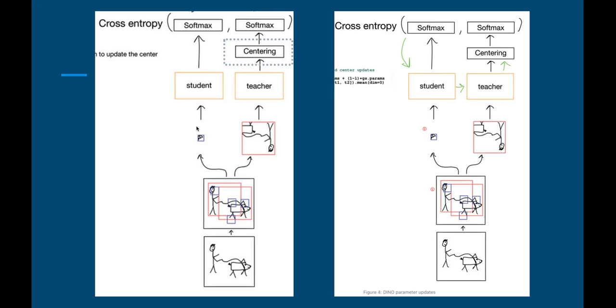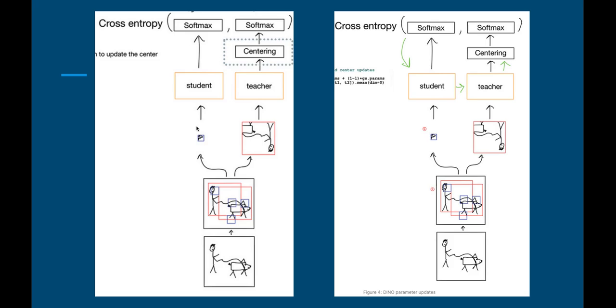So what the researchers do to prevent this mode collapsing is applying centering and sharpening to the teacher distribution. Think of centering as adding a bias to the distribution to spread the distribution out more.